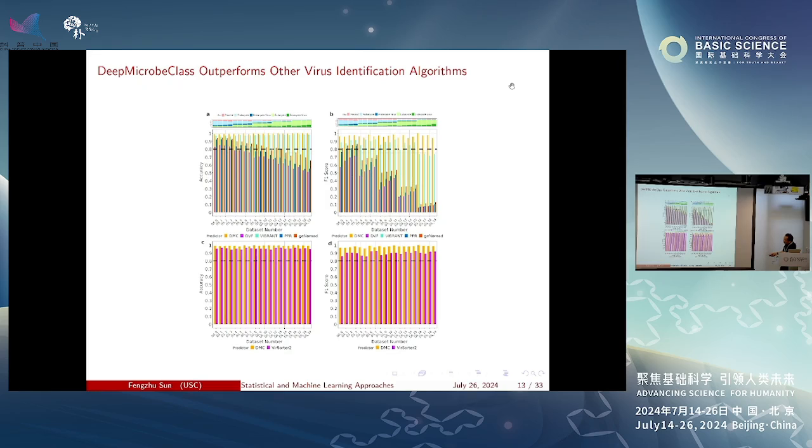For the eukaryote viruses, only our program and VirSorter 2 can predict eukaryote viruses, and our performance is slightly better than VirSorter 2 for those scenarios. We also applied this program to some real data that our collaborators have been collecting for over 20 years, and we got some important findings that at least my collaborator is happy about.